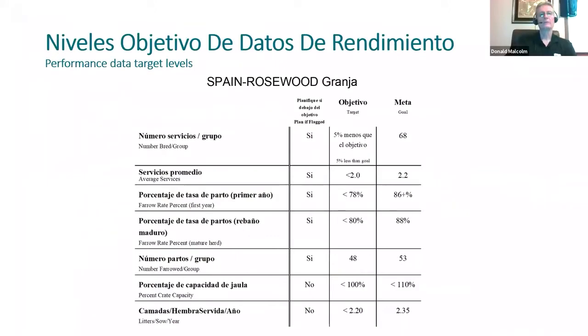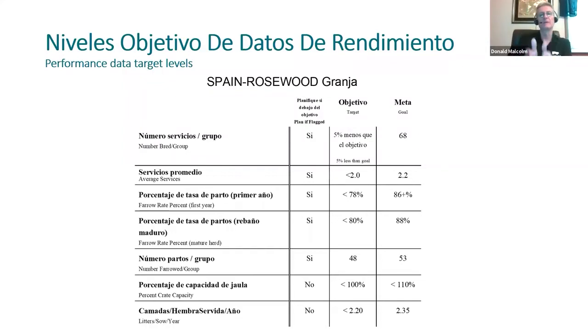Okay, so this is an example of a specific client, and these are different levels of performance, and there would be pages of this. So the column for Objectivo would be the flag levels.